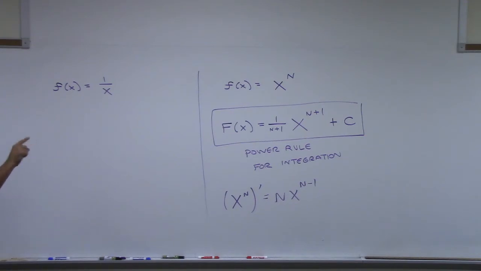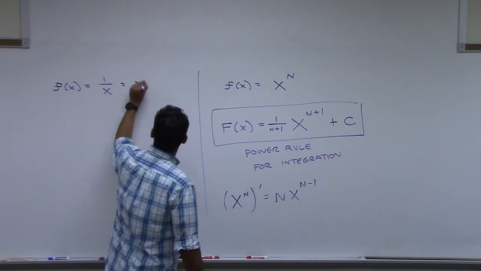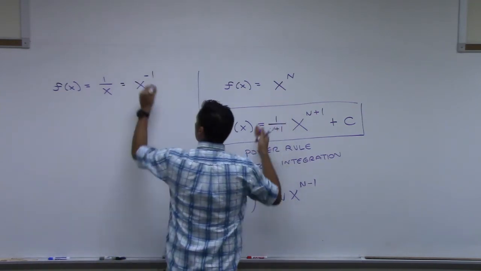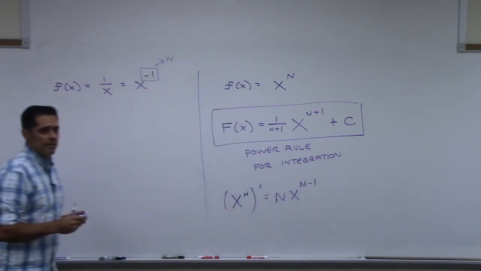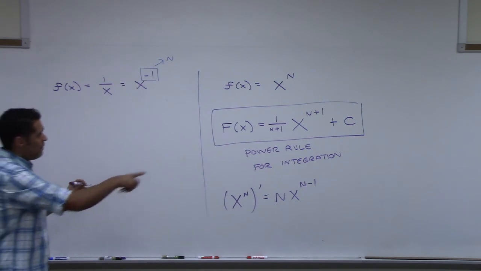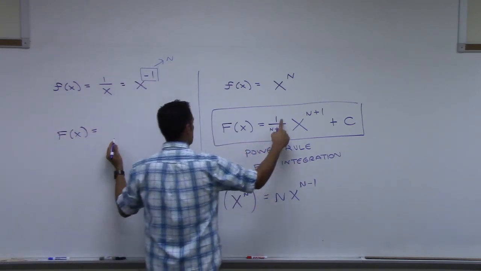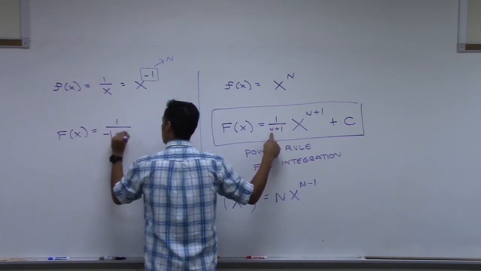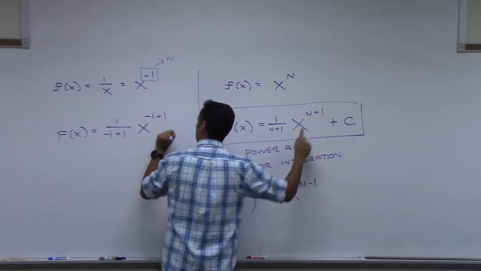Okay? So let's try this. First of all, 1 over x is the same as x to the negative 1, right? And according to our formula, that would mean that this is n. Do you agree? And if we try and plug that into our formula, we would get f of x equals 1 over n plus 1, which is negative 1 plus 1, times x to the negative 1 plus 1, plus c.